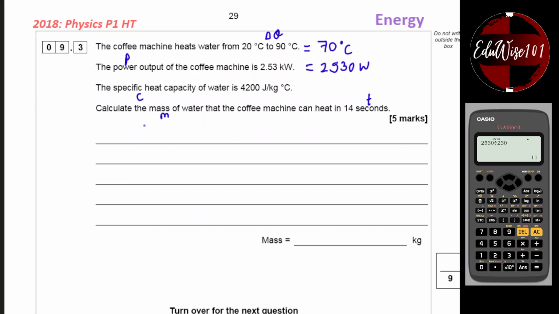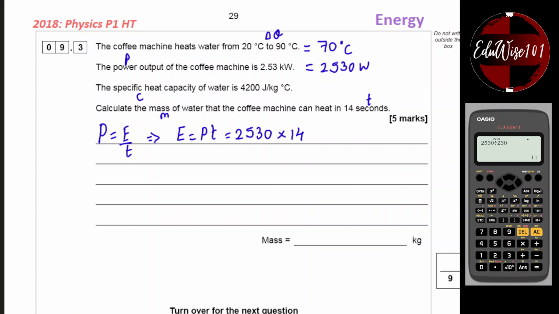So the first equation, power equals energy transferred divided by the time, or energy transferred is power multiplied by the time. The power is 2530 multiplied by 14.